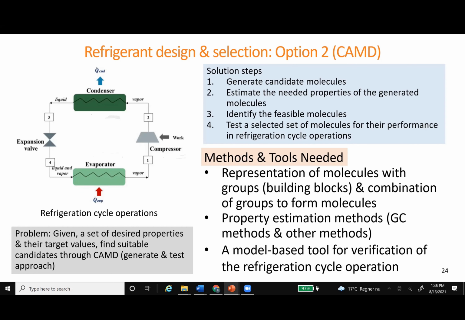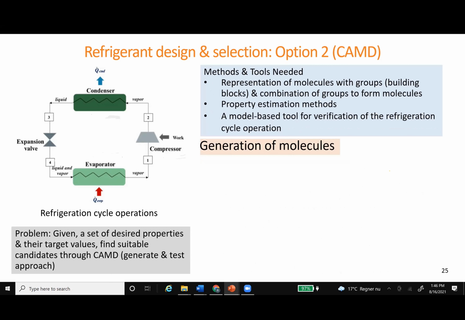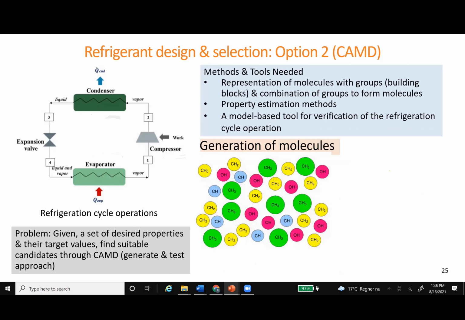So generation of molecules in the group contribution approach: the different colored circles are different groups of atoms. And what we need to find out is that each of those groups has a different number of free bonds.